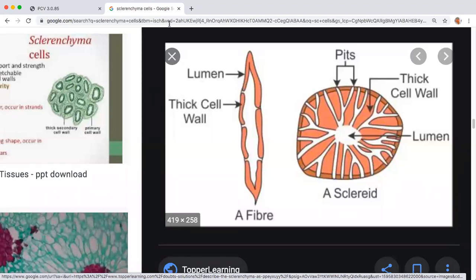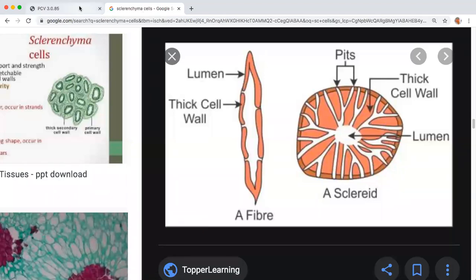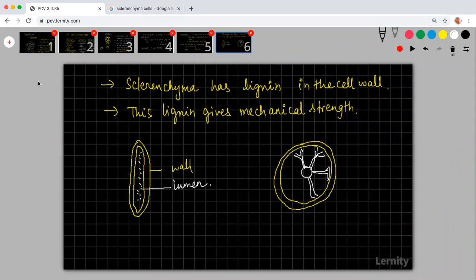So where can you find all these sclerenchymatic tissues? You can find them in some specific regions. You have the husk of the coconut. Woody parts of the plant.